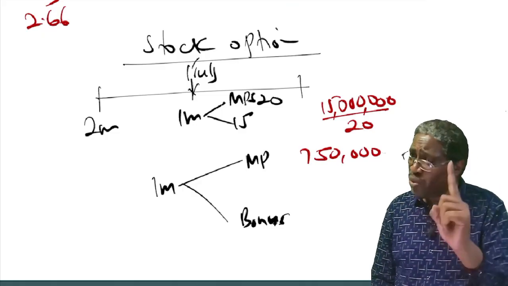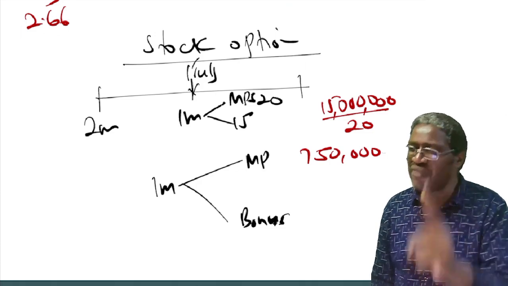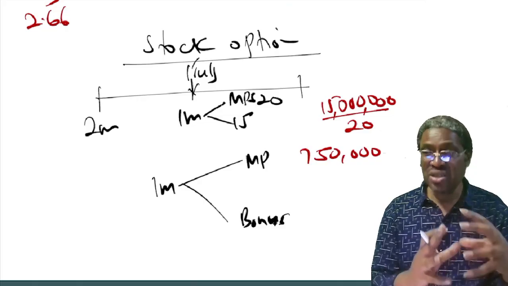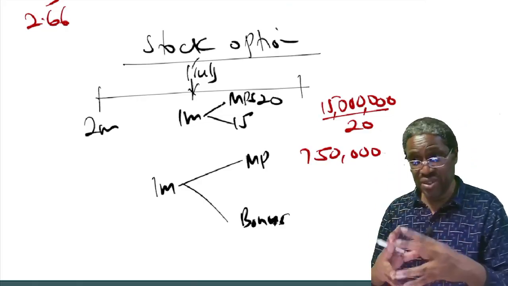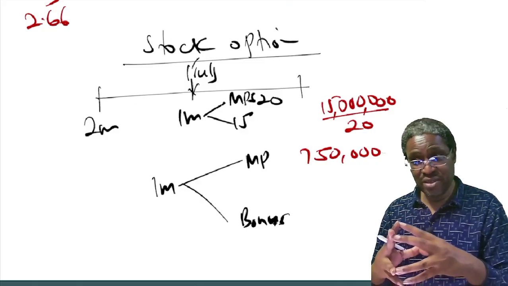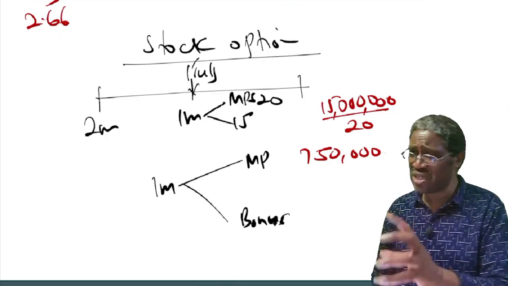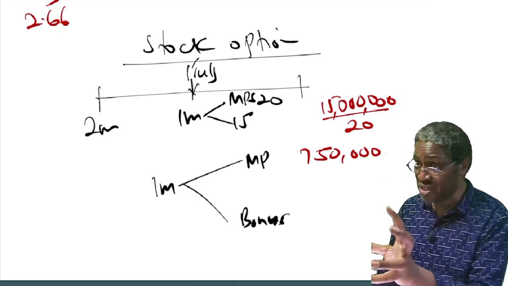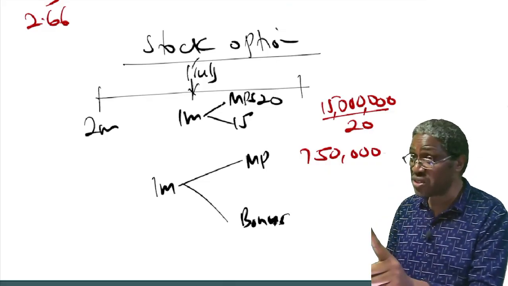So out of the 1 million, 750,000 shares are considered to be issued at full market price. But we never gave 750,000 shares. We gave 1 million. They brought 15 million, which is 1 million shares times 15 shillings per share.